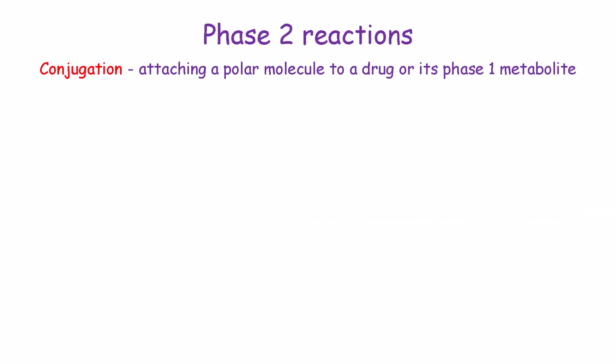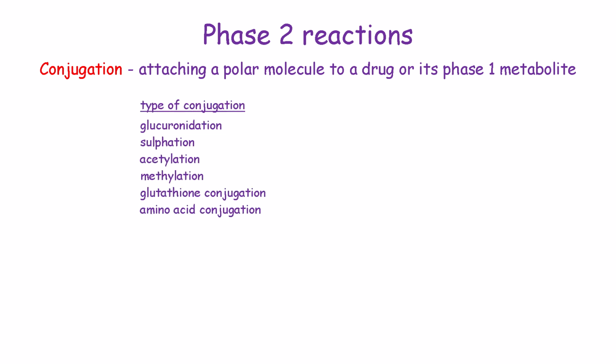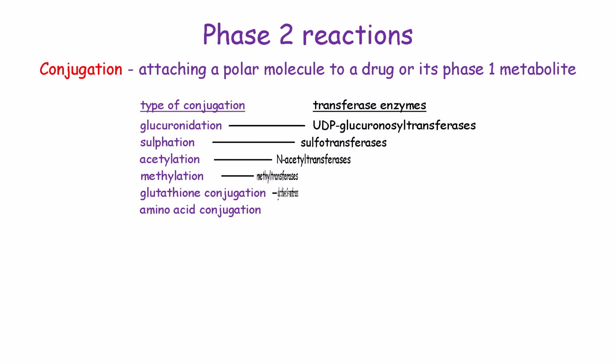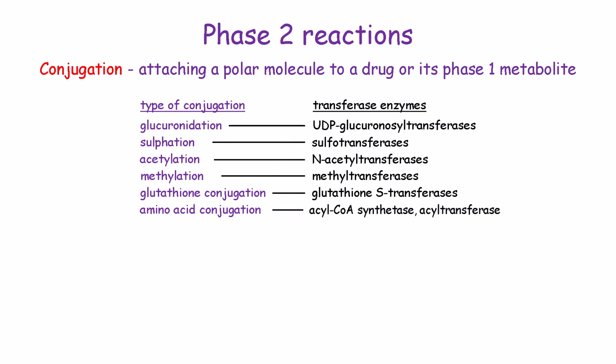Phase 2 reactions involve conjugation, meaning that a polar molecule is attached to either the active drug or its phase 1 metabolites. There are many types of conjugation reaction, such as glucuronidation, sulfation, etc. Each reaction involves specific transferase enzymes that catalyze the transfer of the polar group to the drug.